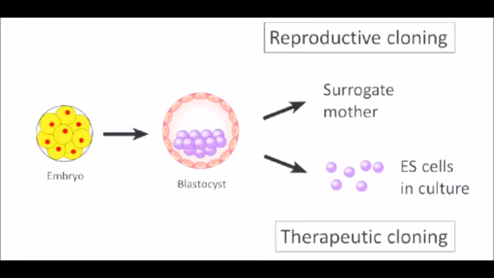There is no evidence that human embryos have been produced for therapeutic cloning, and this kind of cloning can be helpful in the future, also because we can learn more about the molecular causes of a certain disease.